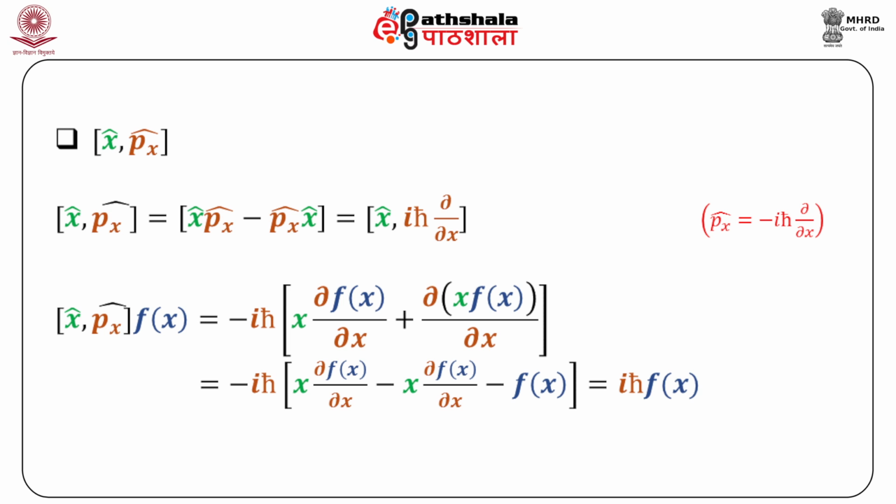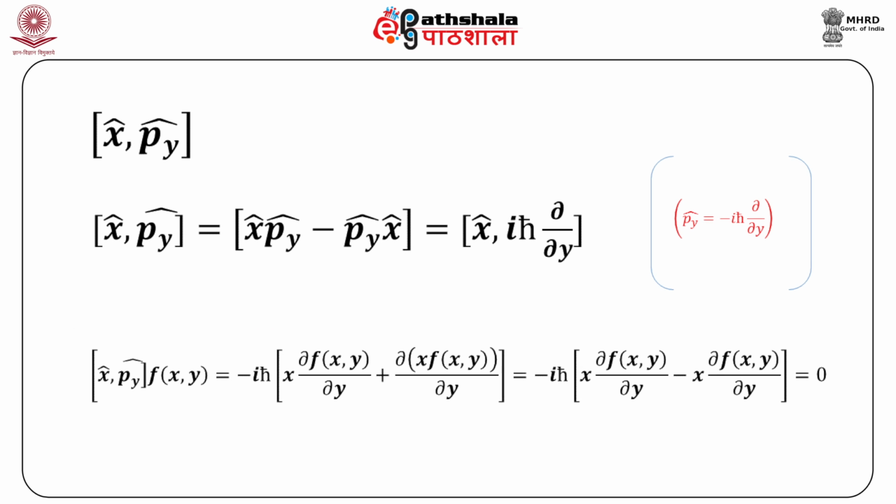Therefore, we can say that the operators x cap and px do not commute. That means you cannot simultaneously and exactly determine the position and the momentum of the particle in x direction. And this, you know already, corresponds to the Heisenberg uncertainty principle.